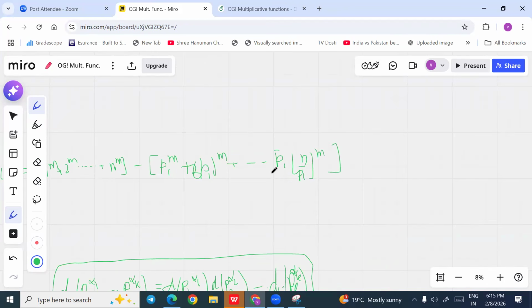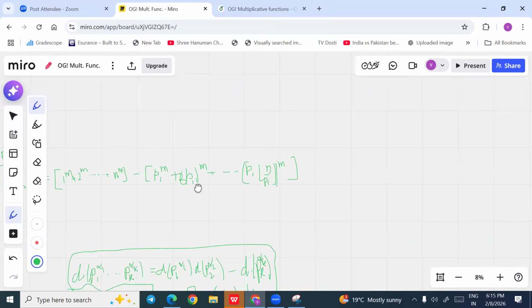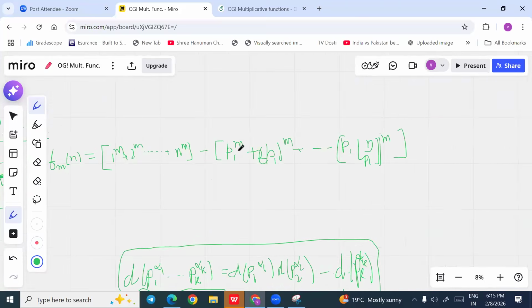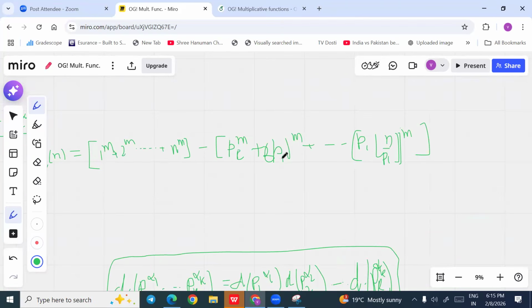Right. You'll subtract all the p1s, and similarly you'll subtract all the pi's in general. But then you'd notice that you have double counted those which are multiples of p1, p2, p3, p4, and so on. So, i equal 1 till k.